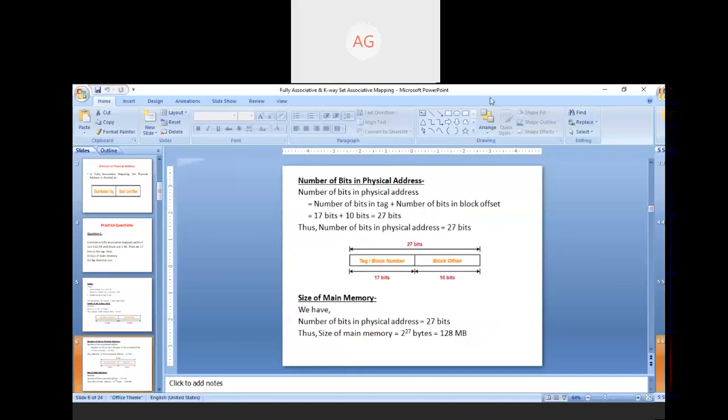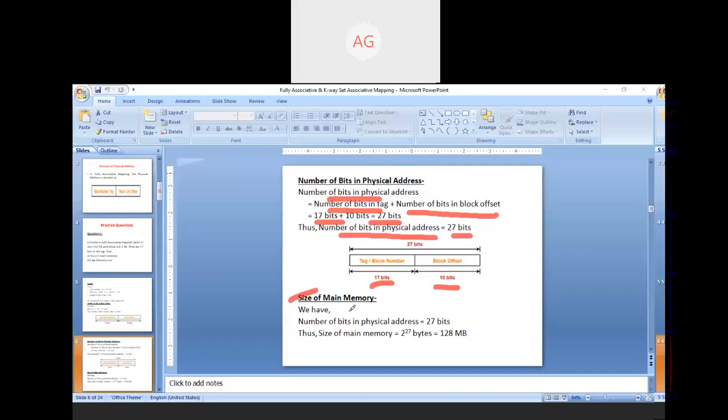The number of bits in the physical memory address is the number of bits in the tag plus the number of bits in the block offset. It means 17 plus 10, which is 27 bits. So the number of bits in the physical address is 27 bits. You just need to add these two fields to get it. Now we can find the size of the main memory.